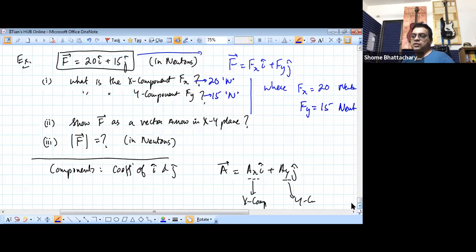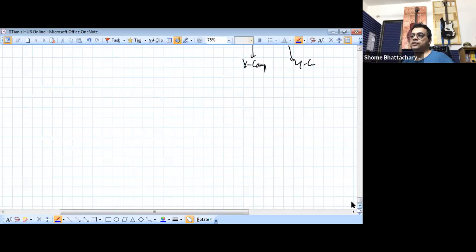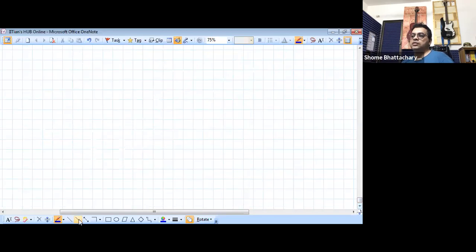Okay. Now let's come to the next thing. Let's draw this vector in the xy plane. So let me imagine that this is my y-axis and this is my x-axis.